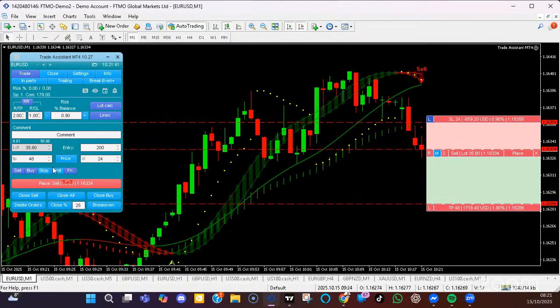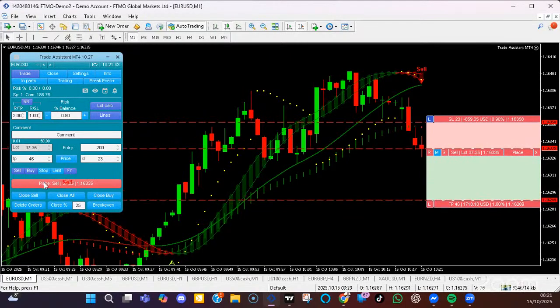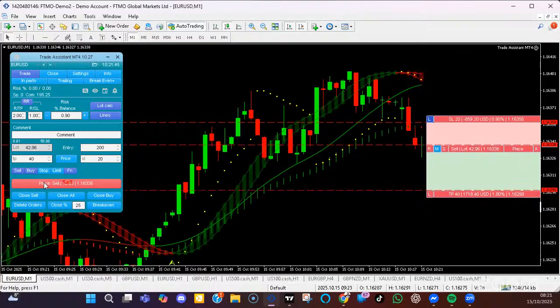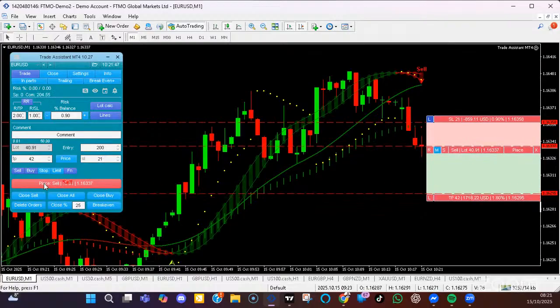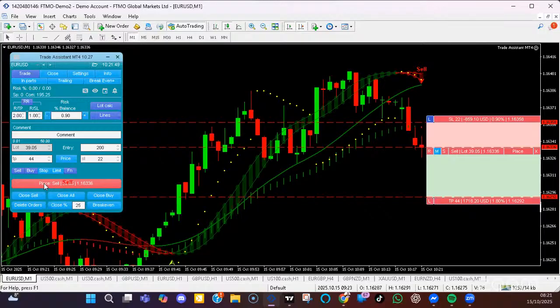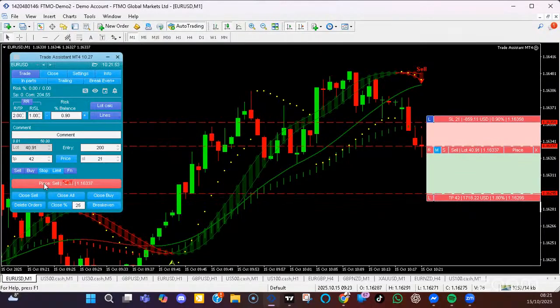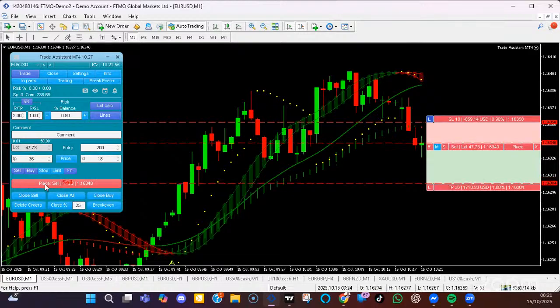Really, I want to get it underneath those areas there. It will. And settle down a bit more, give me a bit more of a confirmation of a deeper sell.